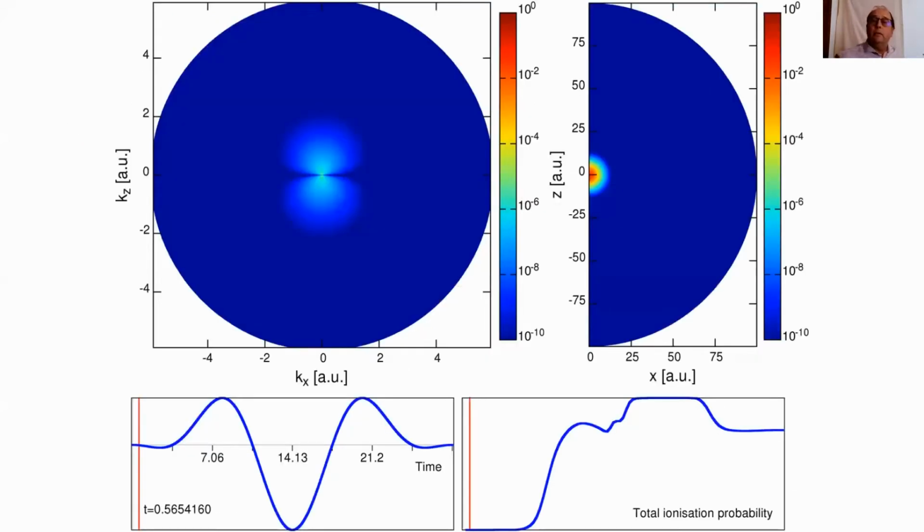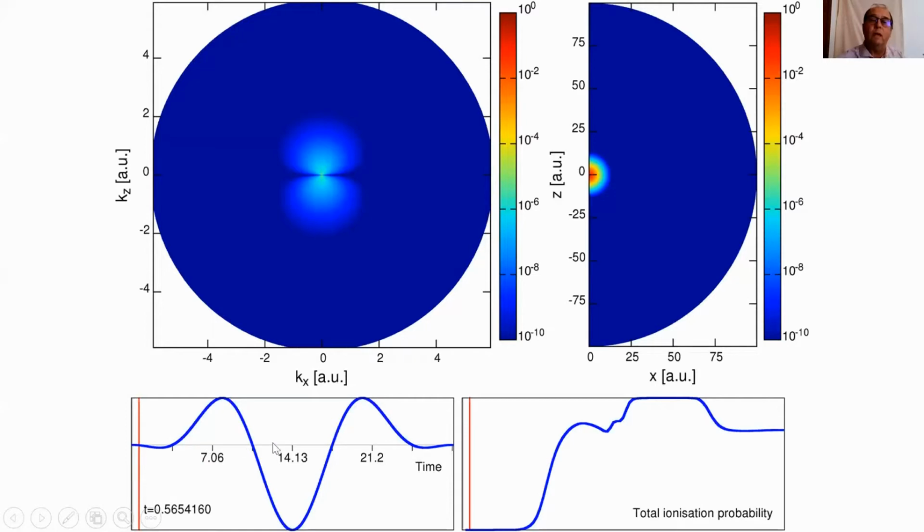In the following images, here in the left upper corner, you see the transition probability, or more exactly, the probability density of the electron in momentum space as a function of time.